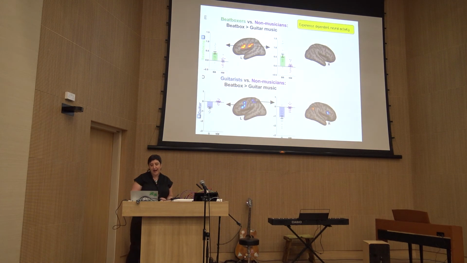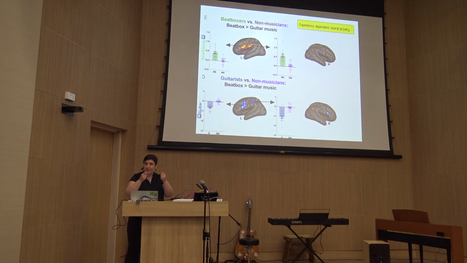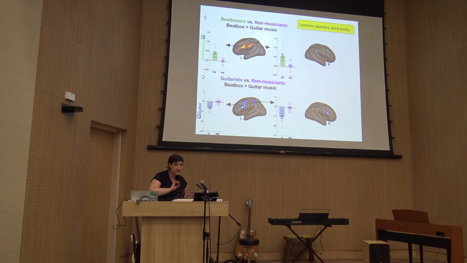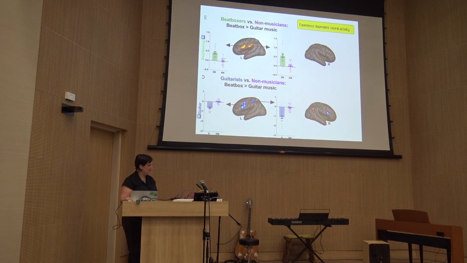So as we get to the very wrap up of this presentation, I just want to share the idea that when we put musicians who are skilled and trained in different disciplines in a scanner, what we see is left hemisphere dominant activation for the instrument that they are skilled in performing.